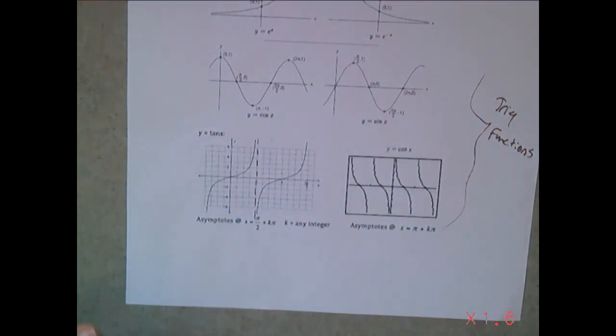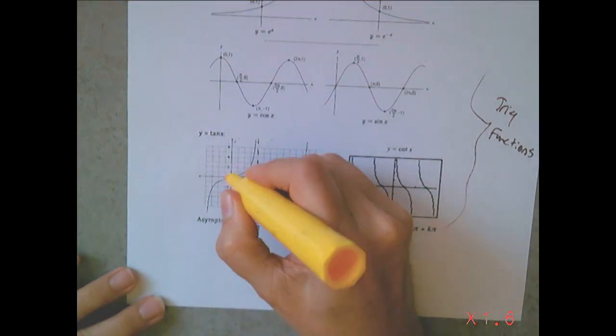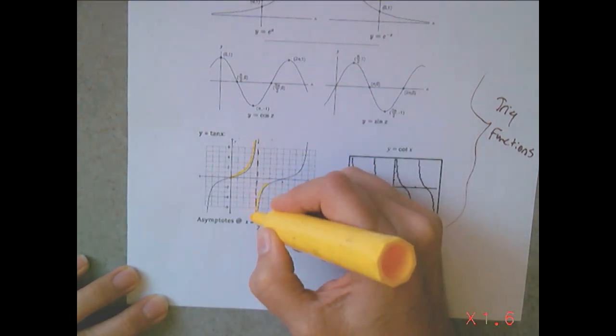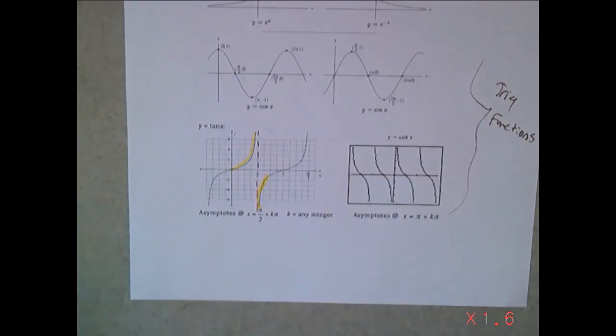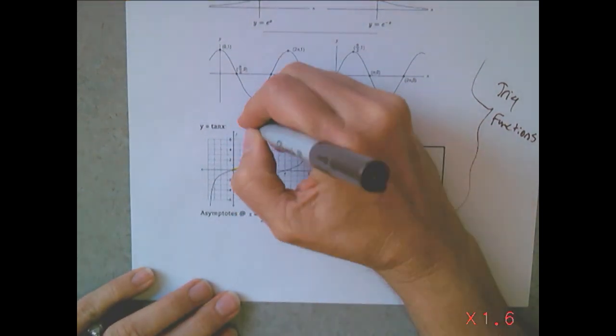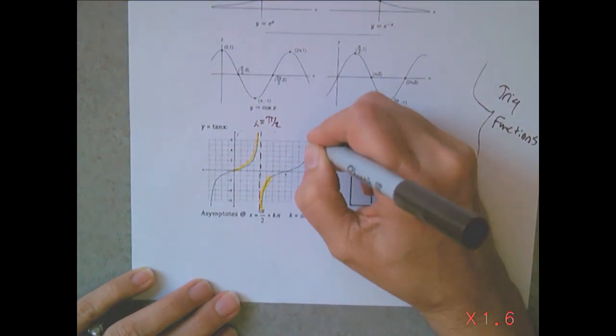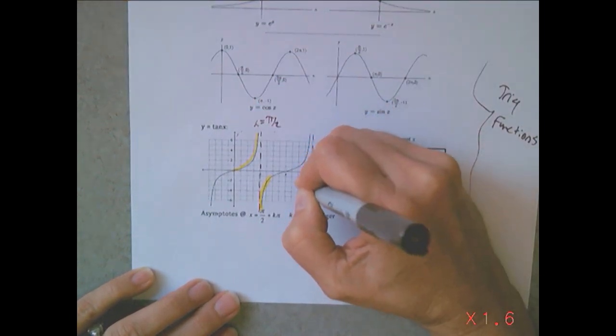So if we looked at this, do you see how this curve is being approached? The line is being approached by the curve in both directions, right? So you have a vertical asymptote right here at x equals pi over 2.